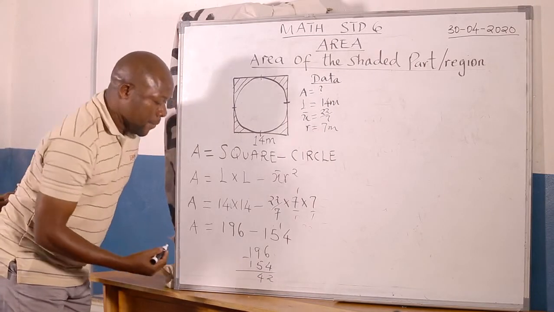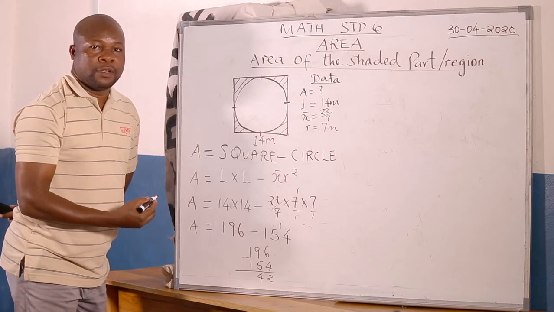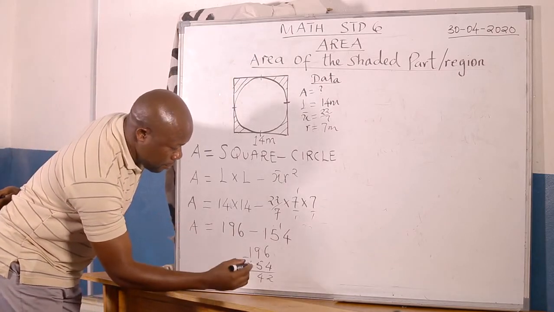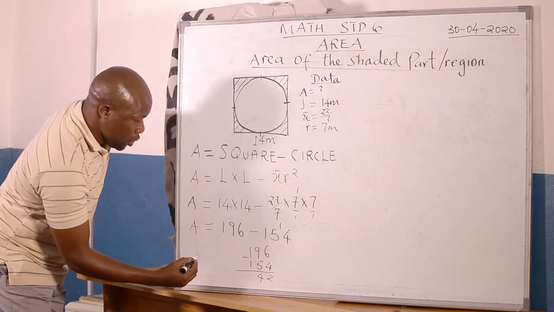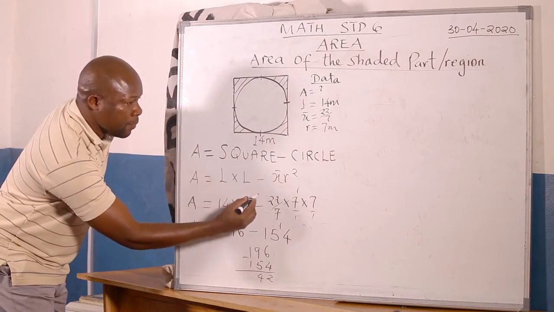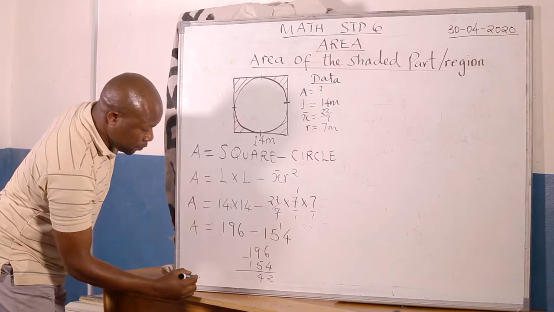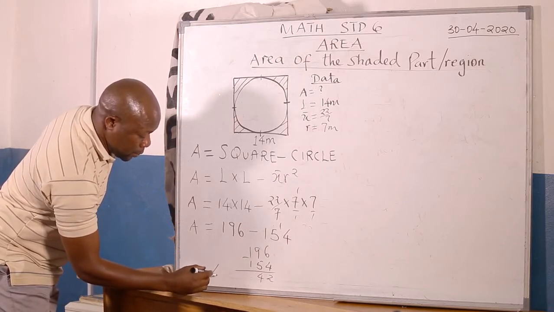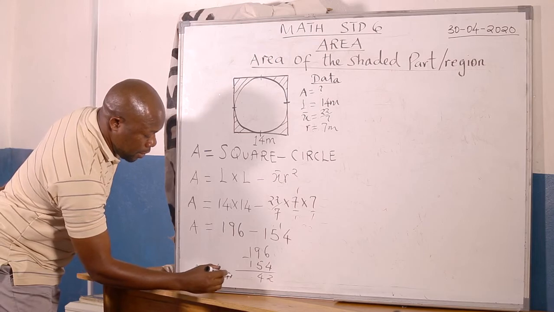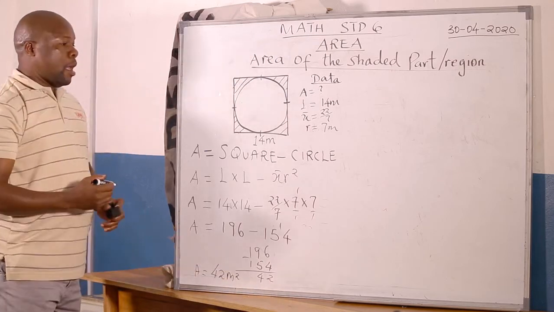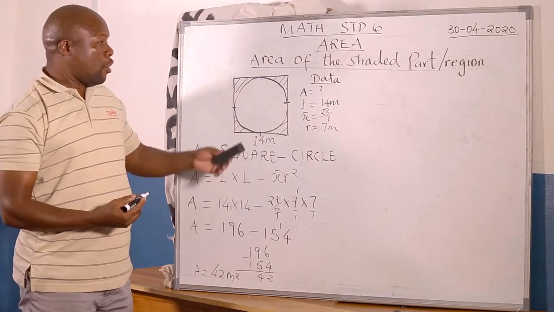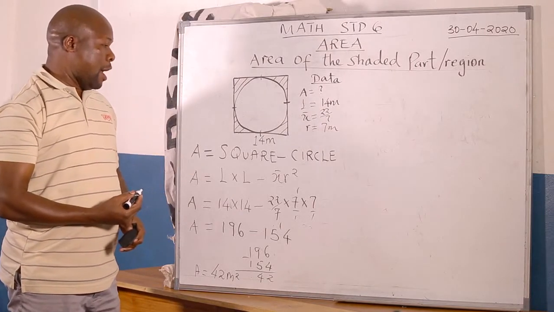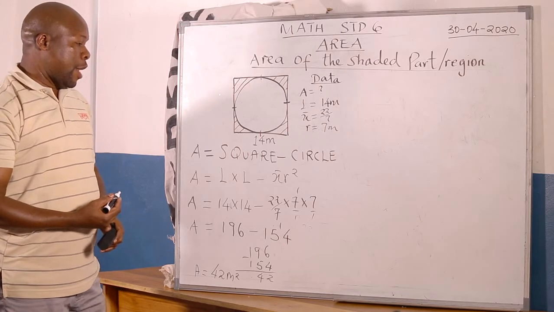What is 1 minus 1, dear pupil? 1 minus 1 is nothing. Therefore, the difference between the area of the square and the area of the circle is equal to 42 meter square. I hope we have gone through our first example properly and you have followed well.